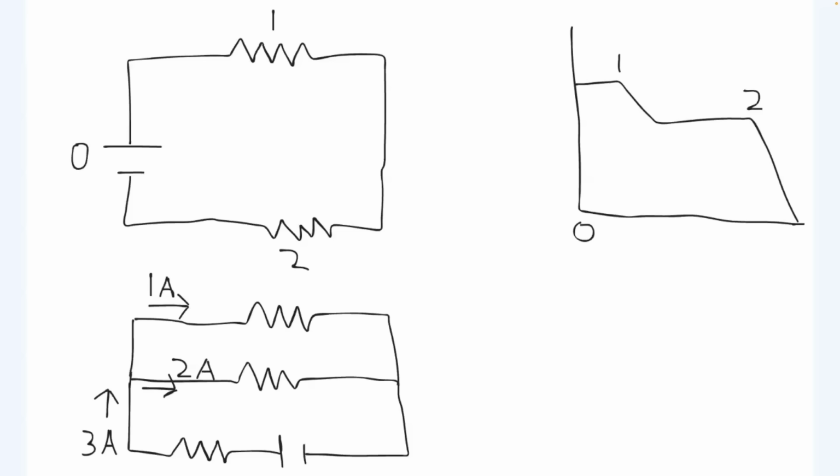And in general, in parallel circuits, more current will be distributed to the resistor with the lower resistance. This is because the potential difference has to be constant. So the path with the lowest equivalent resistance, more current will be distributed there.